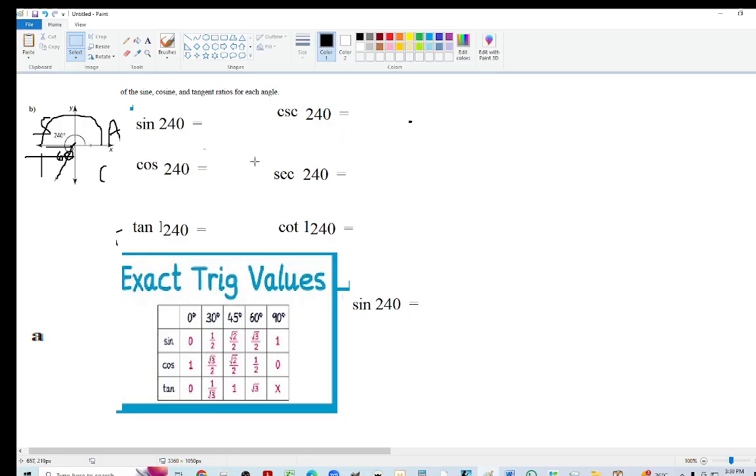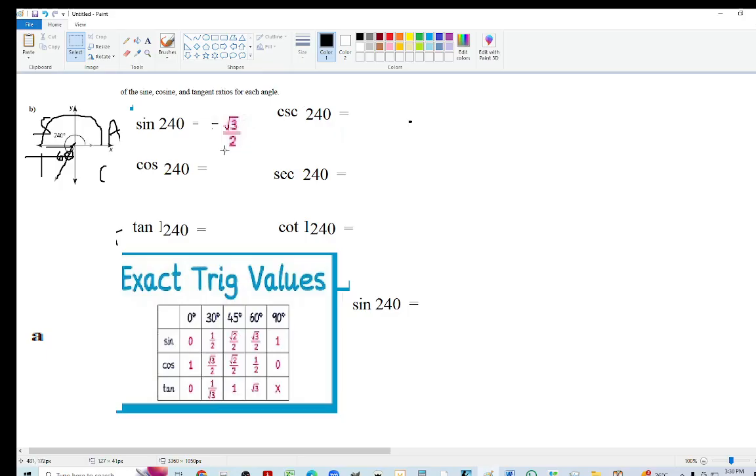So the sine of 240 is the same as sine of 60, except I'm in a quadrant where this must be negative. So I'm going to steal this little negative bar here, put it there, and get rid of any positive sign.